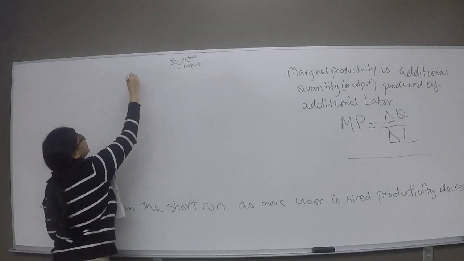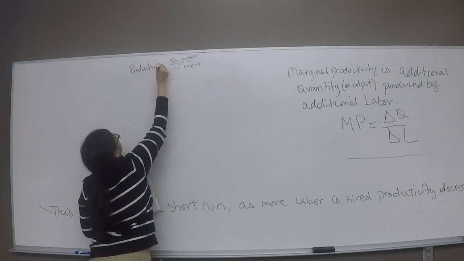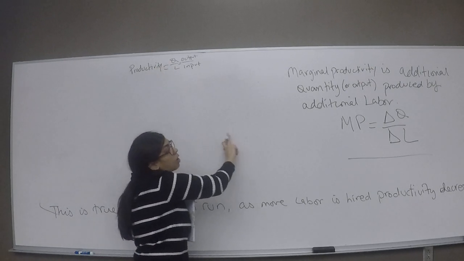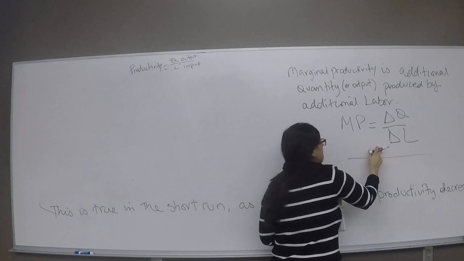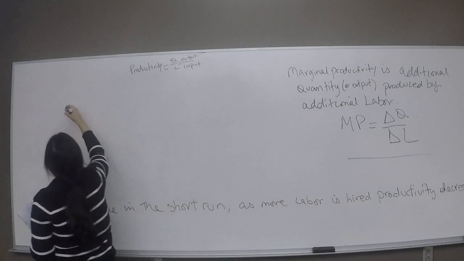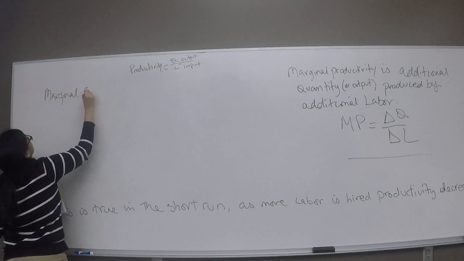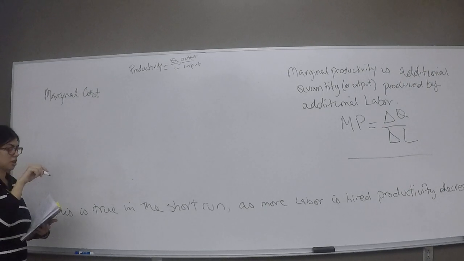So this is productivity, which is quantity divided by labor. This is marginal productivity, change in quantity divided by change in labor. Marginal cost. I think we talked about marginal cost before, marginal benefits, marginal cost.